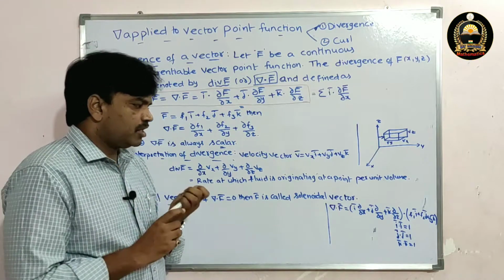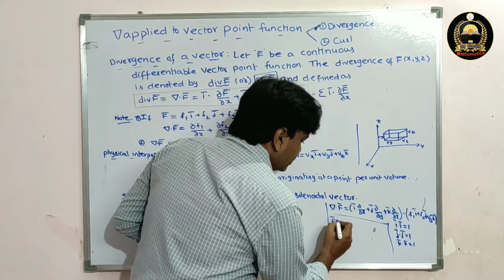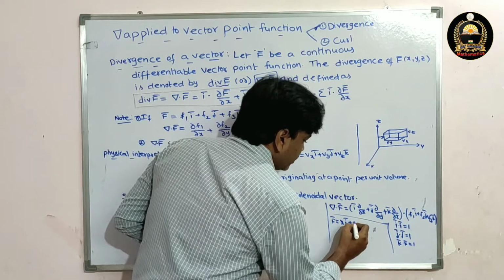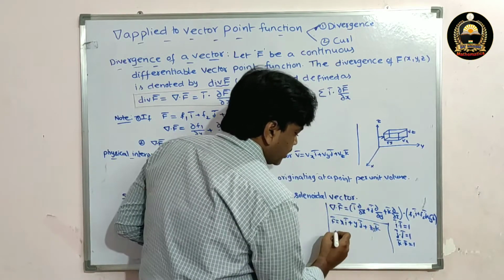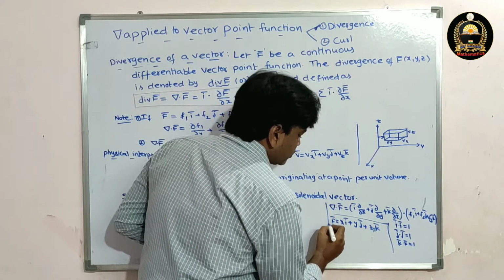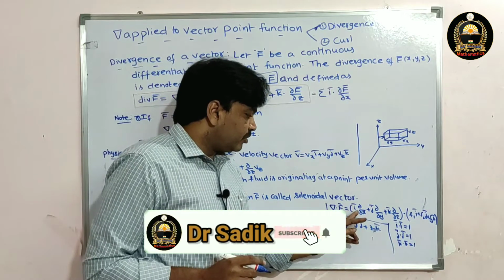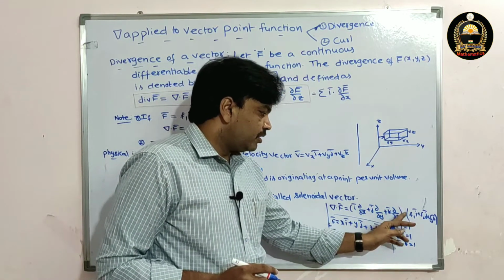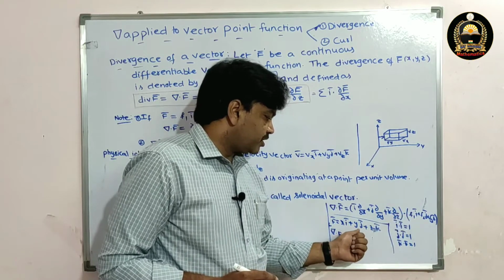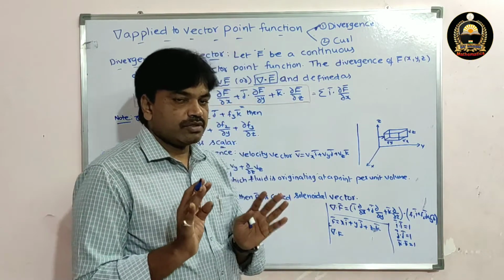For example, say f bar is x i plus y j plus z k. I want to find del dot f bar. Here you don't write i bar dou by dou x plus j bar dou by dou y plus k bar dou by dou z dot x i plus y j plus z k and then apply the formula.